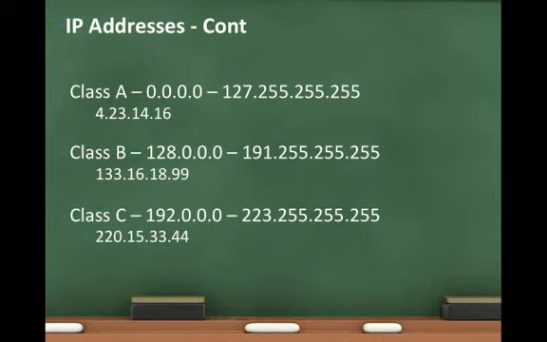These are both Class C networks. Our example is 220.15.33.44. Those last three octets could be any number between 0 and 255, but the first octet has to be between 192 and 223.